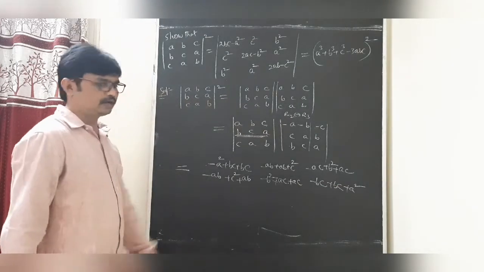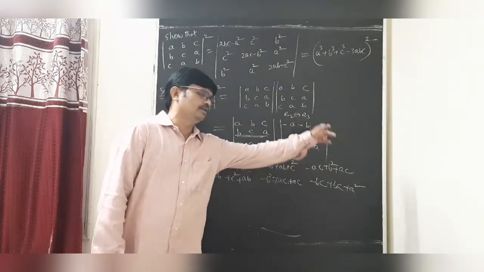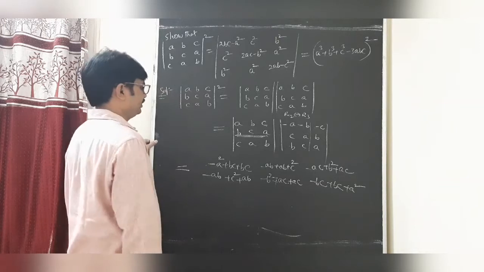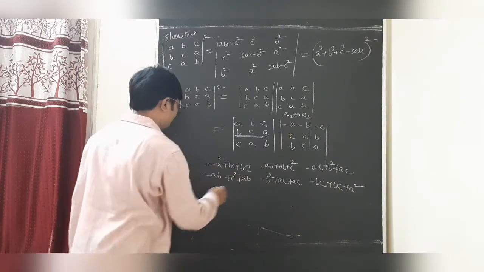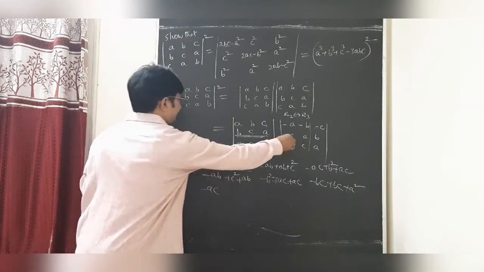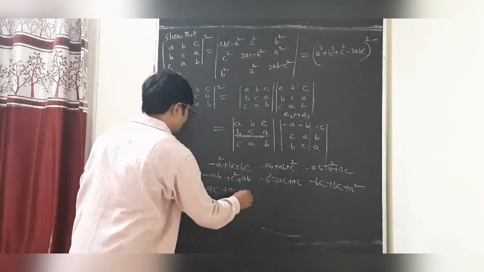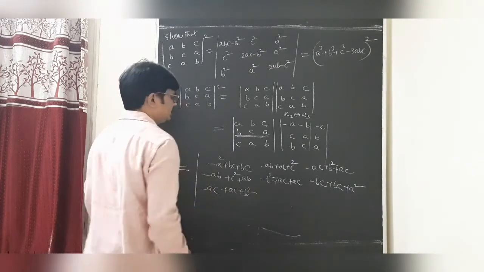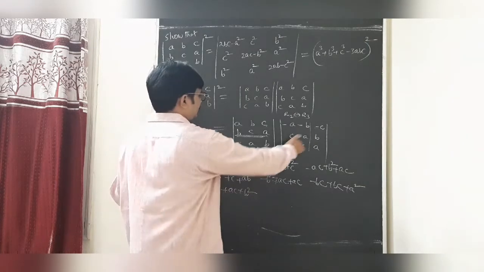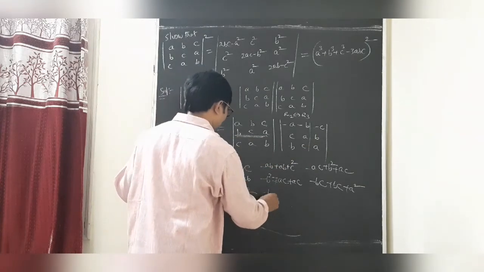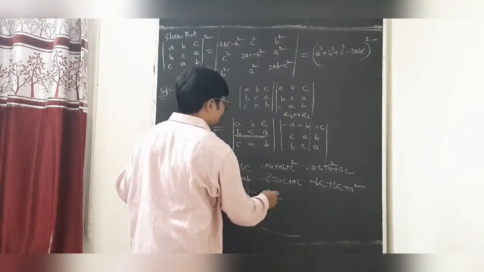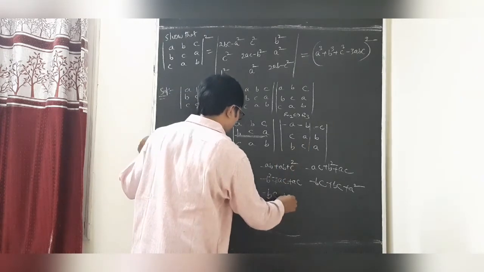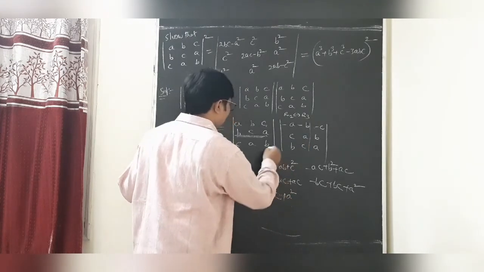Now students, the third row is multiple with first column, second column, third column respectively. That is third row. Please tell me students, minus AC plus AC plus B square. After that, the third row with the second column, that is what? Minus of BC. Now this is plus A square.